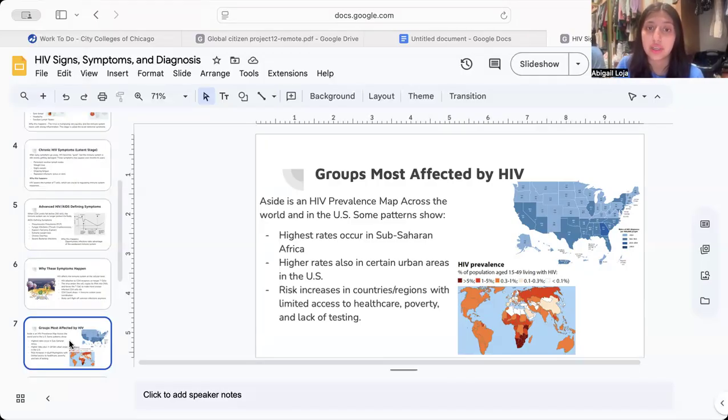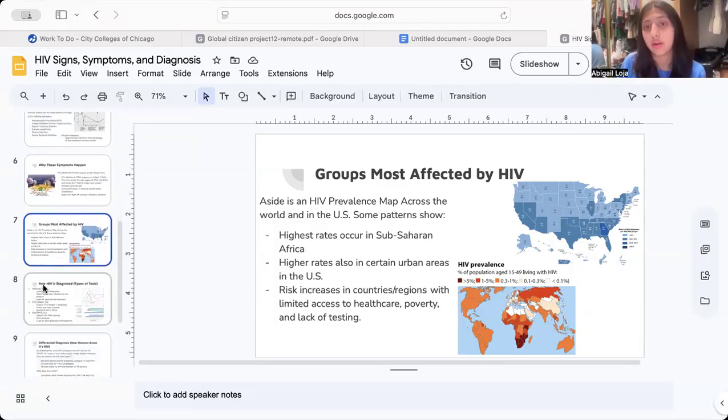Higher rates also in certain urban areas in the US, and the southern region of the US. And risk obviously will increase in countries and regions with limited access to healthcare, more poor countries, and lack of testing.